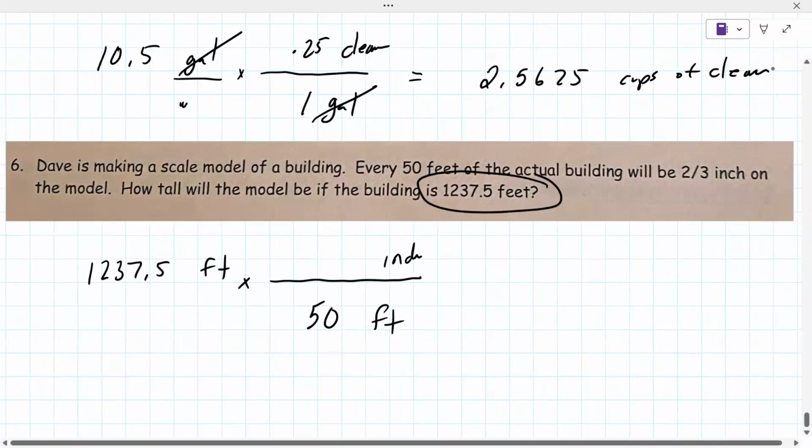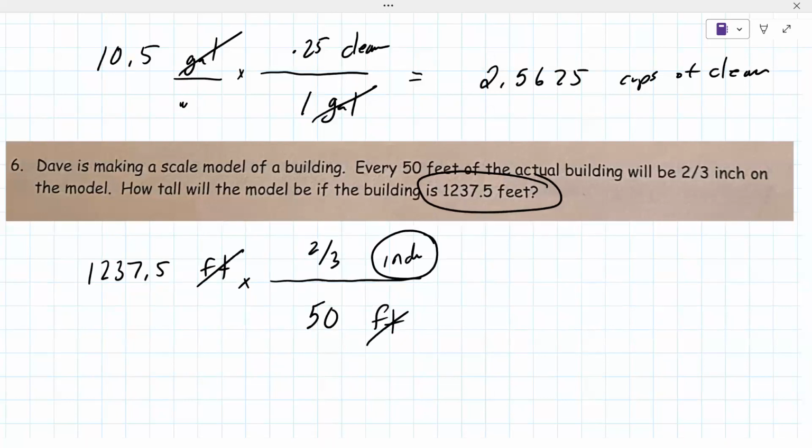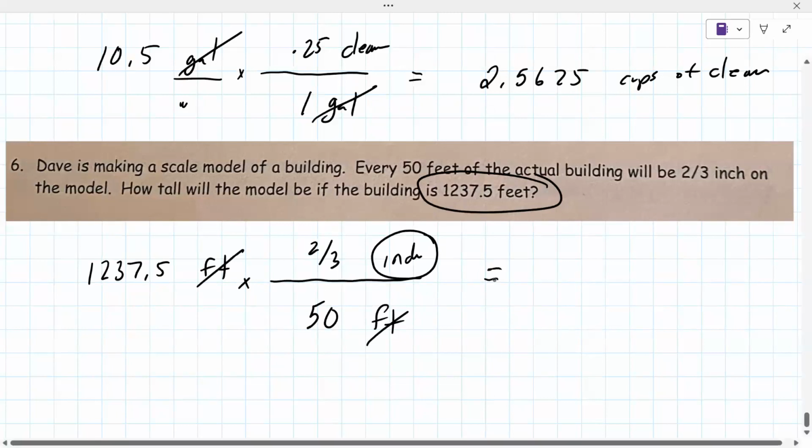It's 50 feet is 2/3 of an inch like that. Feet cancel with feet. You're just left with inches. So just be careful here with how you put this in the calculator. It does work out nicely. So give this one a try, please, and see what you come up with.